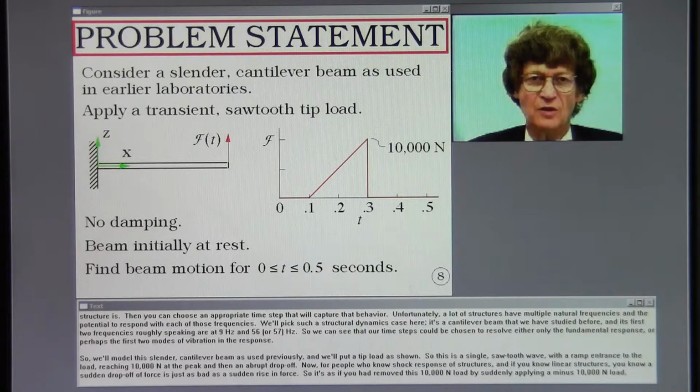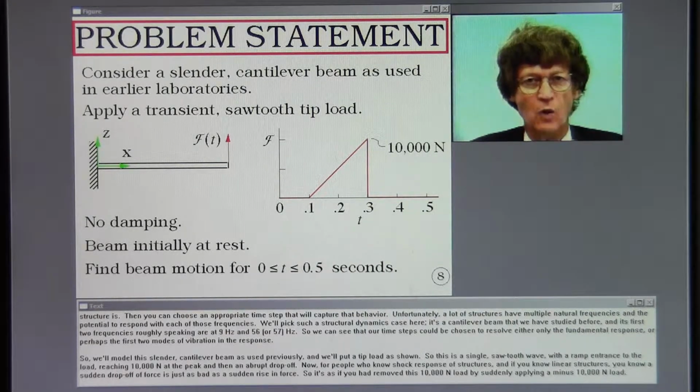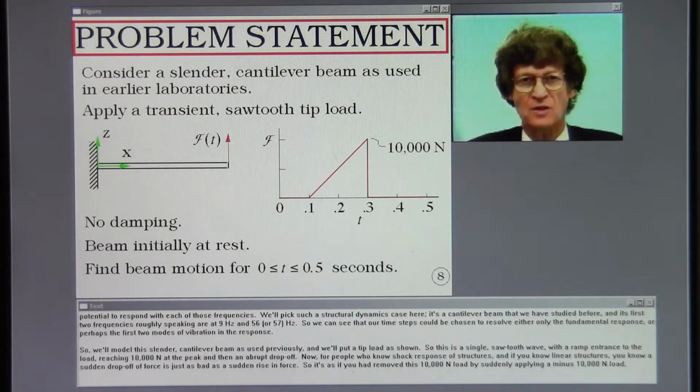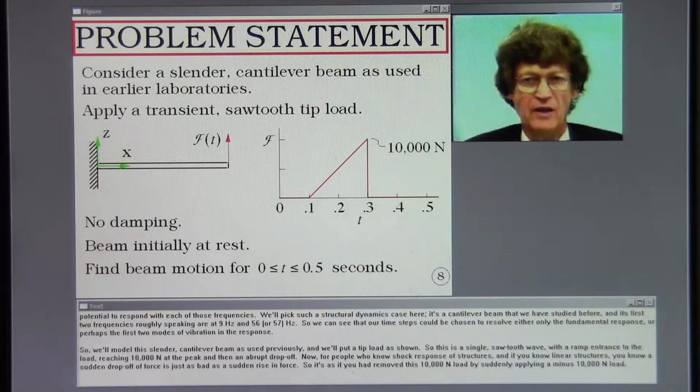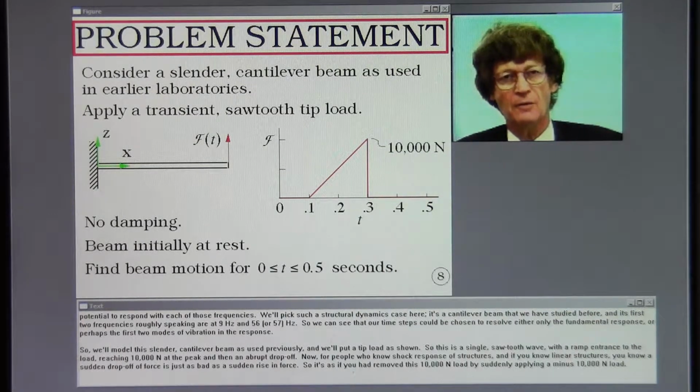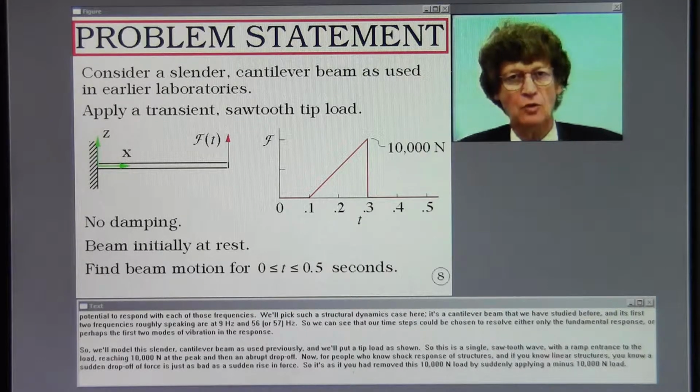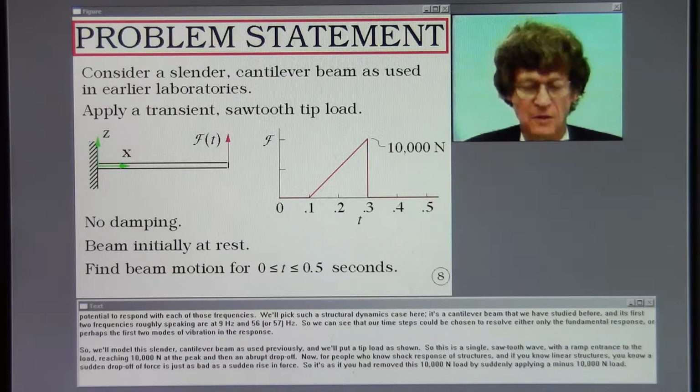We'll pick such a structural dynamics case here. It's a cantilever beam that we've studied before, and its first two frequencies, roughly speaking, are at 9 hertz and some 56 or 57 hertz. So we can see that our time steps could be chosen to resolve either only the fundamental response or perhaps the first two modes of vibration in the response.